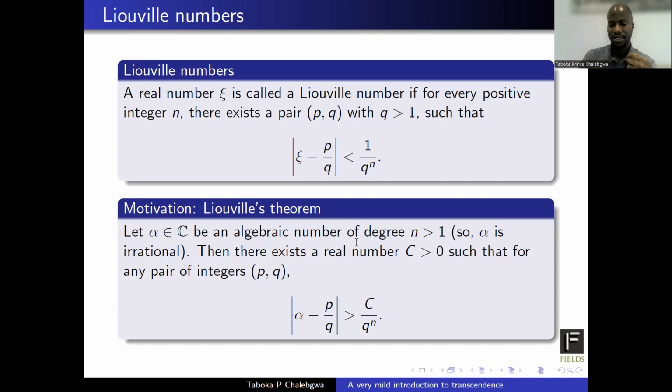Essentially, a number like, say, the square root of 2, we would say it has degree 2 because it is a zero of the equation x squared minus 2 equals 0. That means we have a polynomial of degree 2 whose zero is our number, the square root of 2. And there's no other polynomial with a smaller degree with integer coefficients which would give us the square root of 2 as a solution.